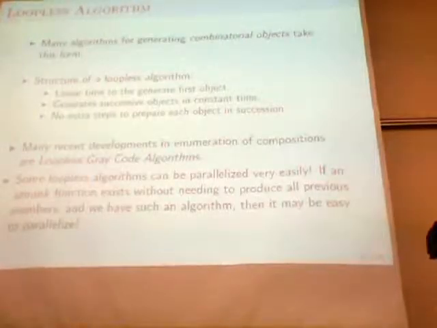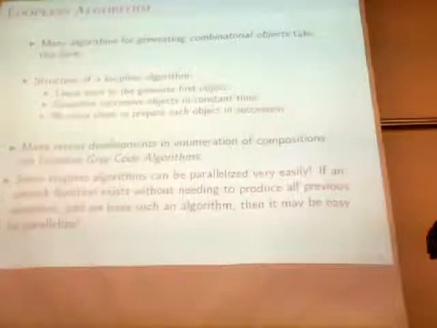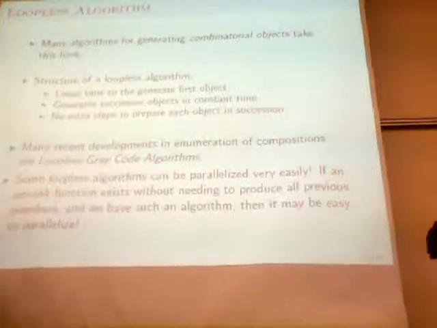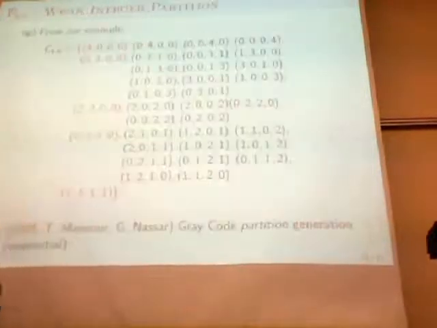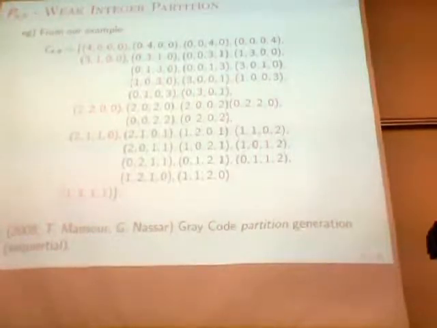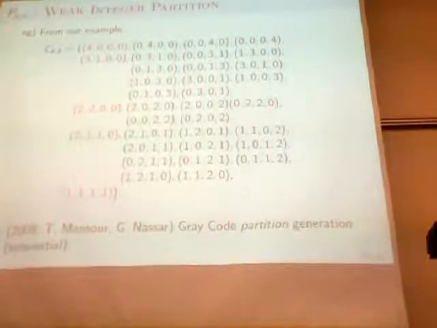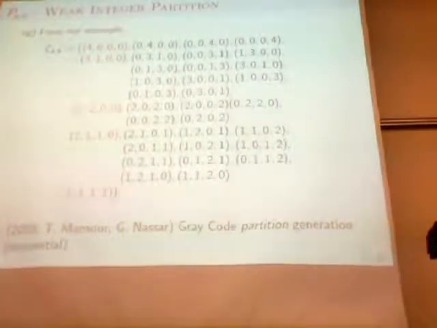So what exactly is a loopless algorithm? This is a class of algorithms that have a certain form. Let me just break down the structure here. So you have this object, say this, and I want to generate all, say I want only the red ones, maybe the partitions here. In a loopless algorithm, I'm allowed to generate the first object, whatever order it may be in, in linear time.